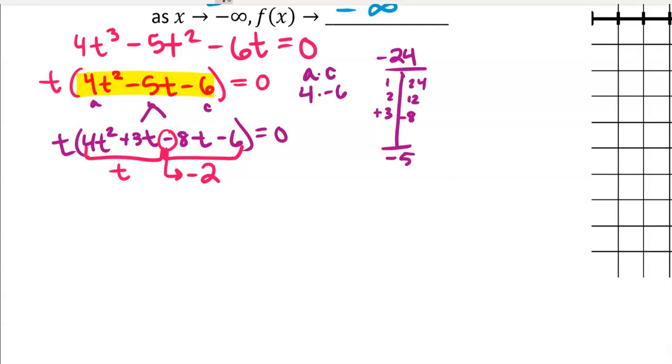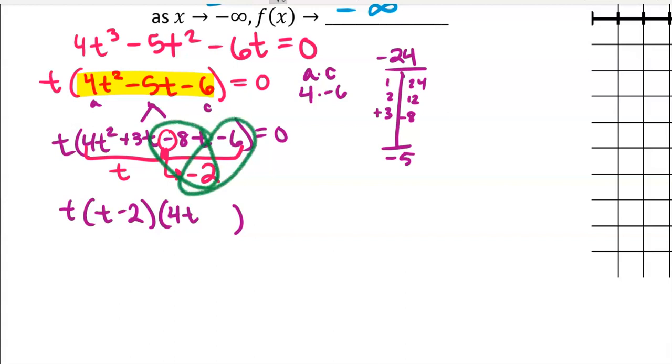So our first set of parentheses will be t minus 2. And the second set will be what we're left with. So if we say negative 8t divided by negative 2, we're left with 4t. If we say negative 6 divided by negative 2, we will be left with positive 3.